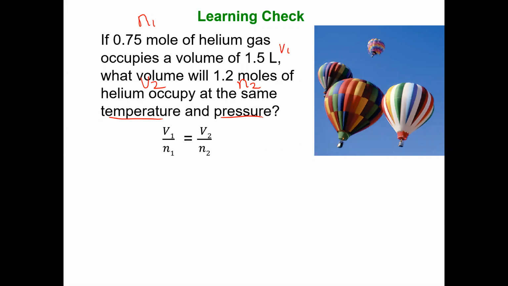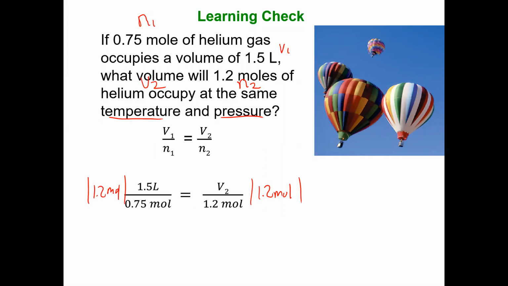So V1 over N1 equals V2 over N2. I plug in my values, and if I multiply both sides by 1.2 moles, on my left side, I see the unit of moles are left, and I'll have liters as my final unit.